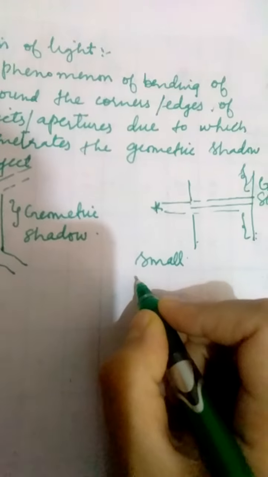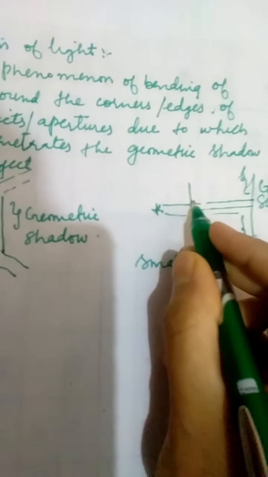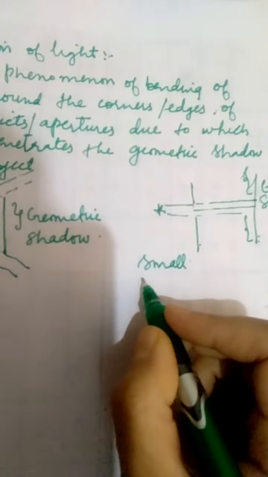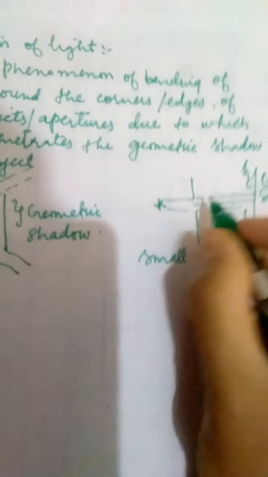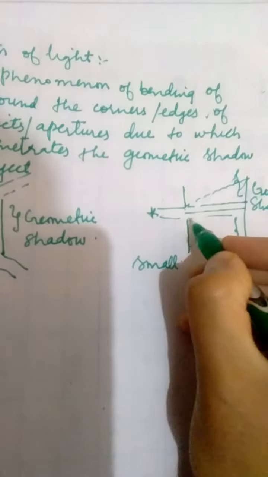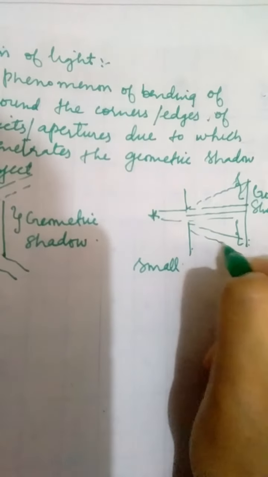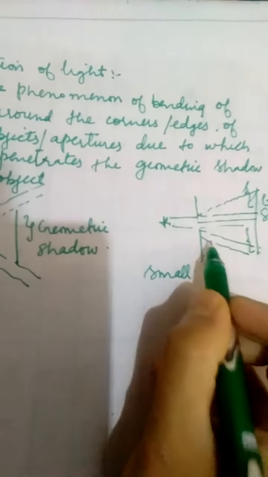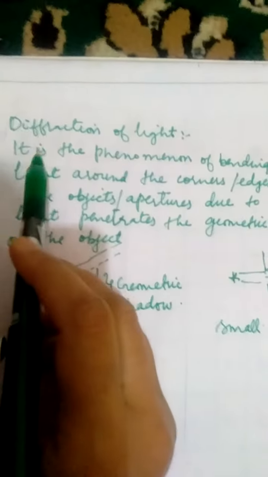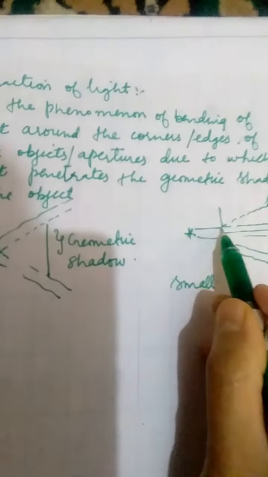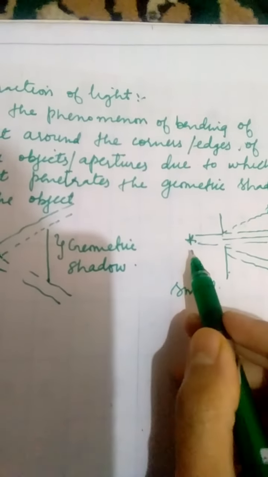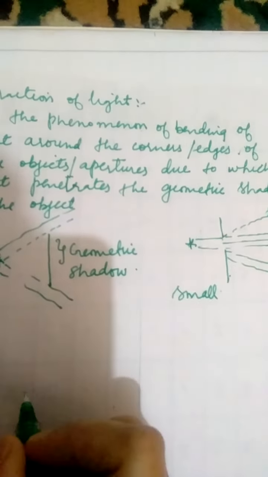Compared to the wavelength of light. If the size of this aperture, this opening, is quite comparable to the wavelength of light, then we see that this light bends and it is also found in the geometric shadow. And this bending of light around the edges, around the corners, is called diffraction. But the condition is that the size of the obstacle, the size of the opening, should be very much comparable to the wavelength of the light, right?